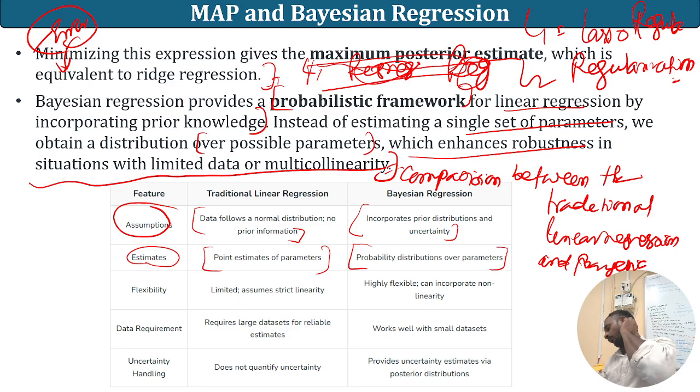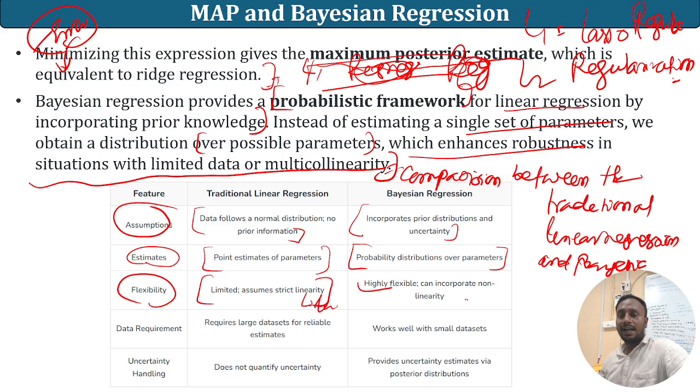Instead of a point estimate, here we can get the probability distribution, which can be either a PMF or a PDF. Both can be there. Then flexibility: the traditional method is limited and assumes strict linearity, while Bayesian is highly flexible and can incorporate non-linearity.